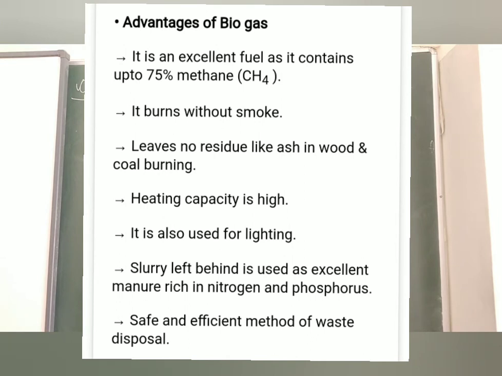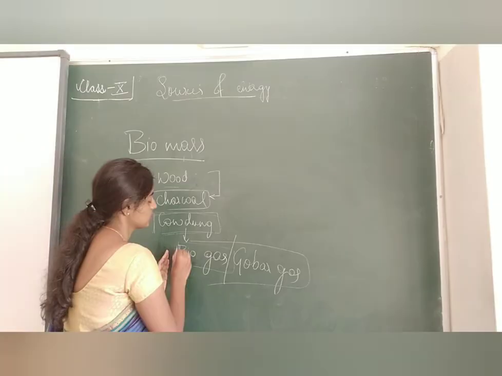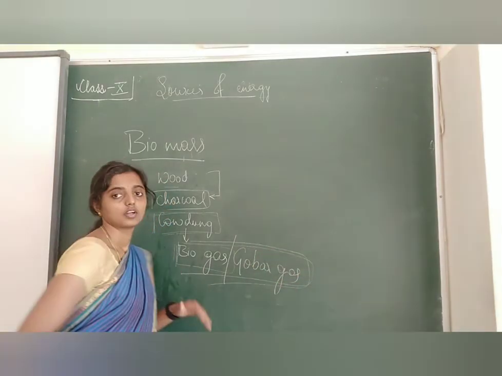Okay. And one more thing is, it is an excellent fuel as it contains up to 75% of methane, CH4, and leaves no residue as I told, and it is also used for lighting. So this biogas has more advantages.